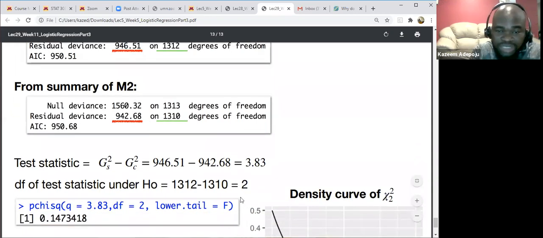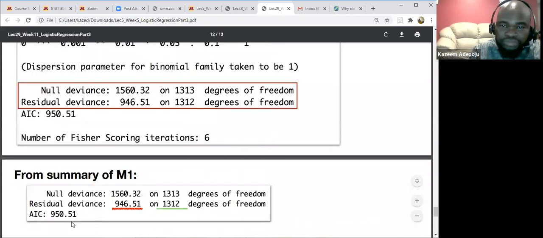And if that is a 2, that is what I'm going to check for in the chi-square table. So in the chi-square table, the degree of freedom is equal to 2. So this is the code. I'm going to put the deviance right here under the degree of freedom 2, and this is the chi-square. So what do I have here? I got 0.14734.